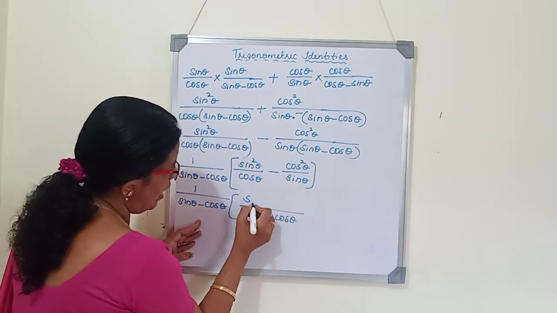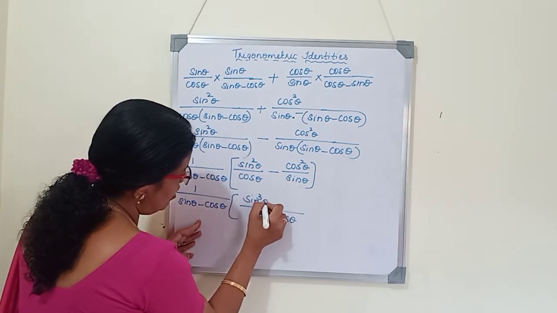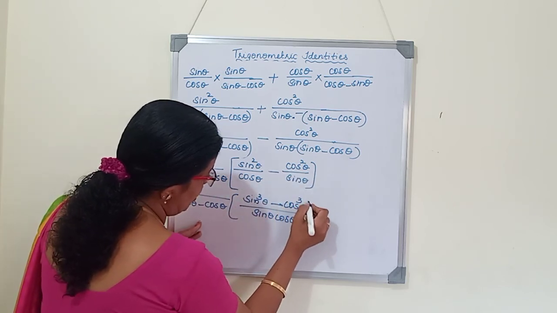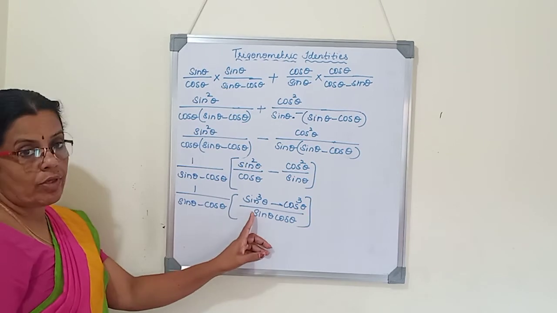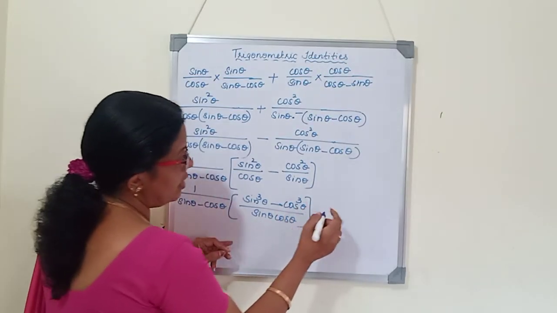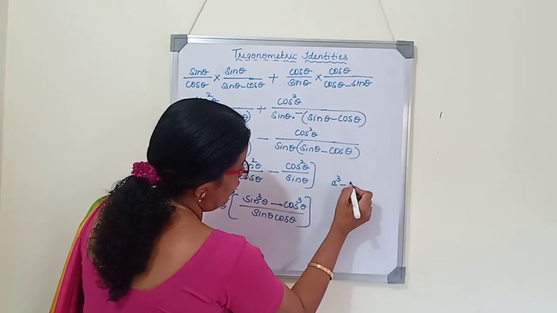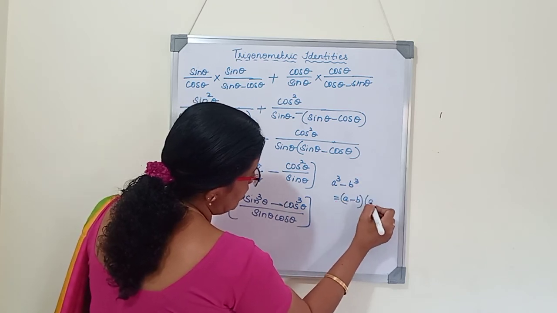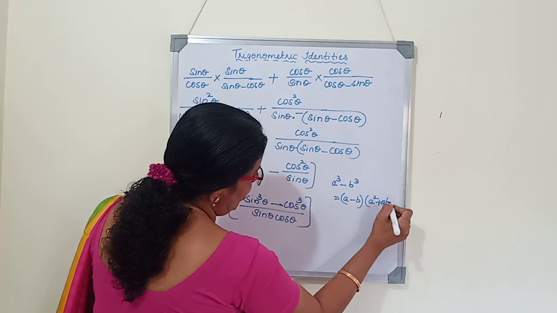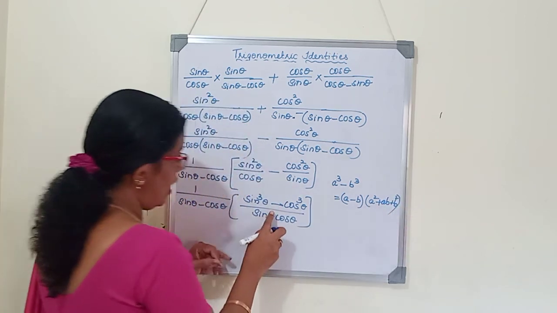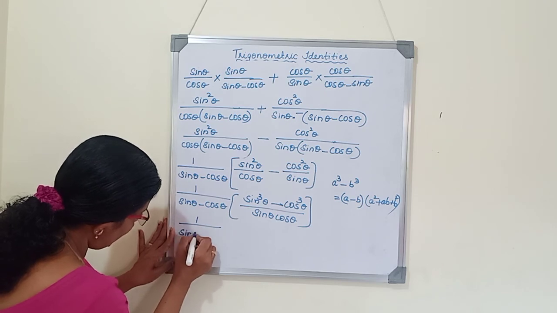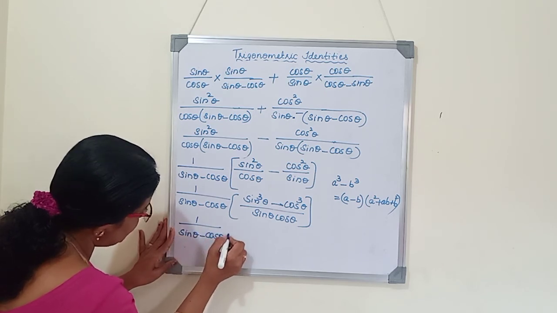Sin square theta into sin theta is sin cube theta, minus cos square theta into cos theta is cos cube theta. Now we have to apply the formula a cube minus b cube. We know that a cube minus b cube equals a minus b into a square plus ab plus b square. This formula we have to apply in the numerator. So 1 by sin theta minus cos theta we write as it is.